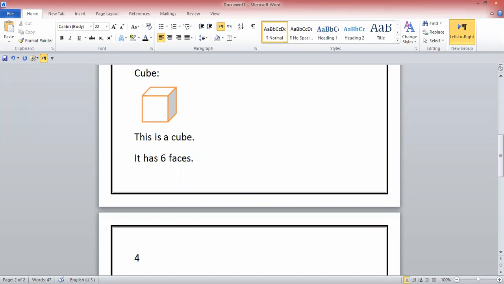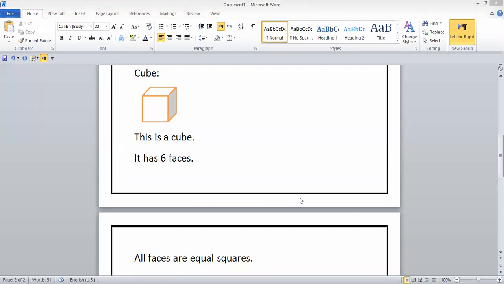We are talking about a cube. So I will write here: all faces are equal squares. Now I will write about the edges. Can you tell me how many edges it has?